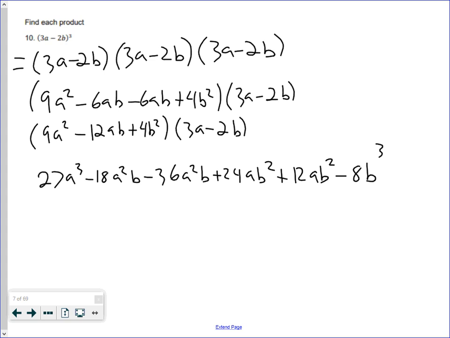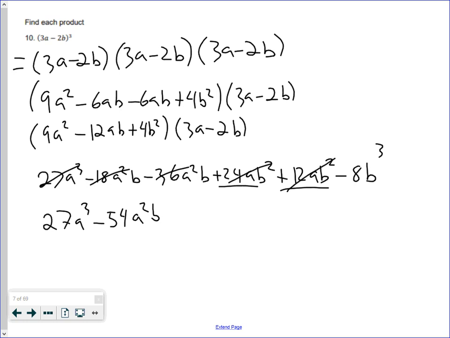So we're just going to add like terms now. 27a cubed, there's nothing like it, so we're just going to bring it down. Negative 18a squared b we can combine with negative 36a squared b, and when you do, you get negative 54a squared b. Now we have 24ab squared and 12ab squared.